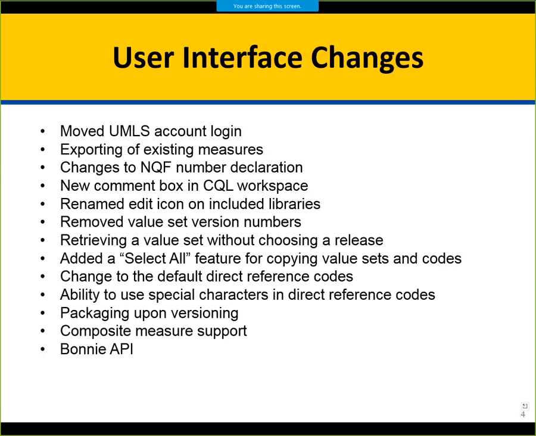And here is a brief overview of the user interface changes that we will discuss further in the live demonstration. Some of the user interface changes that we will show you include a change of location for the UMLS login and changes to the selections available when exporting a measure. In the measure details section of the tool, changes have been made to the NQF number declaration.